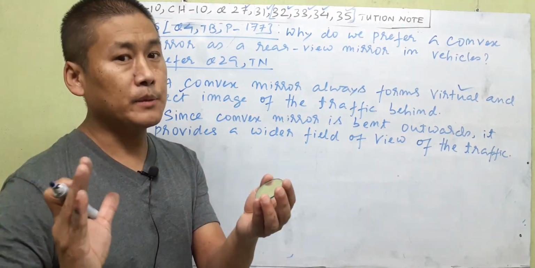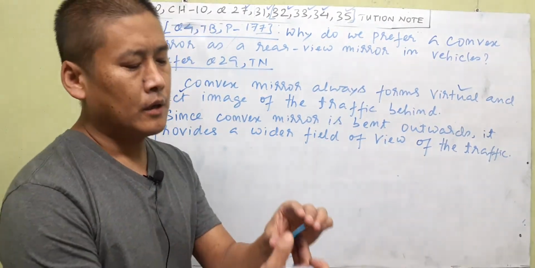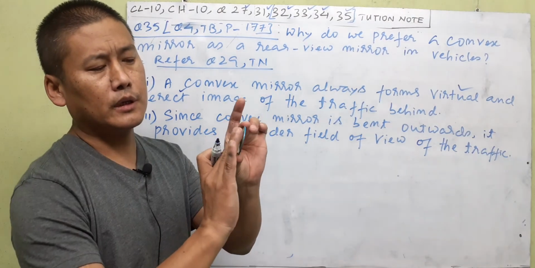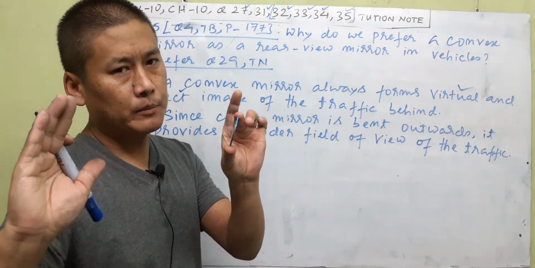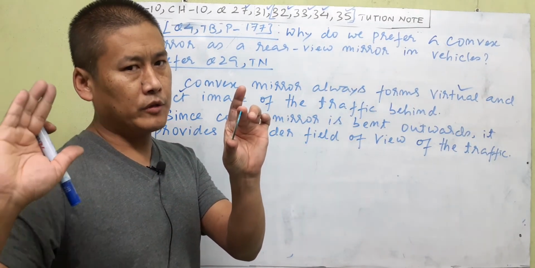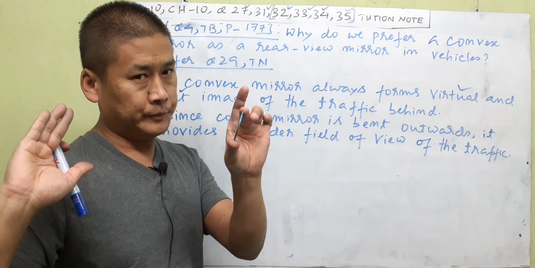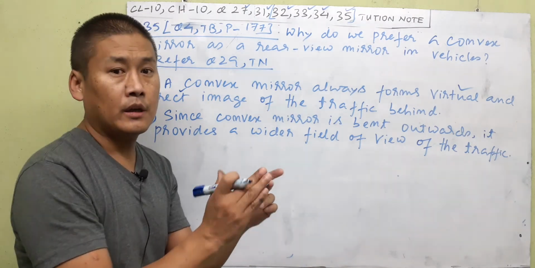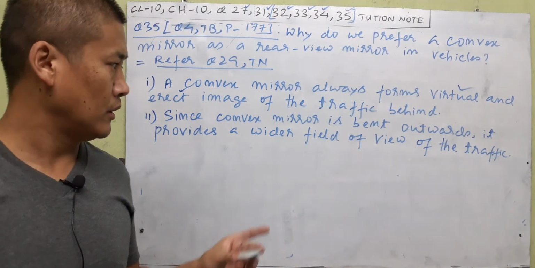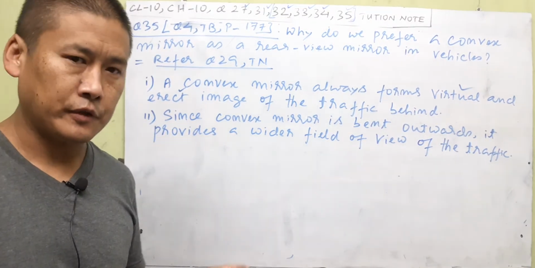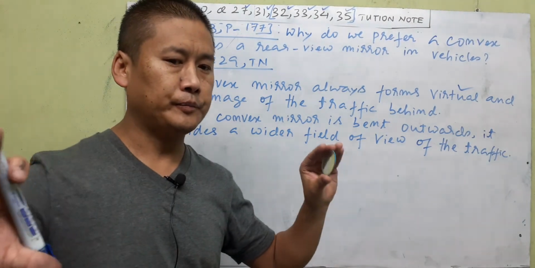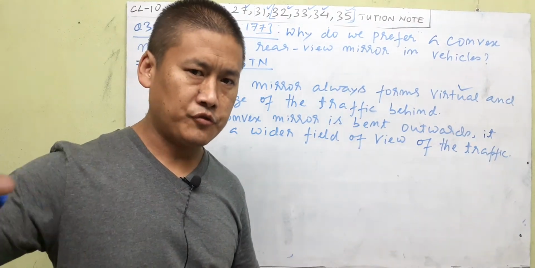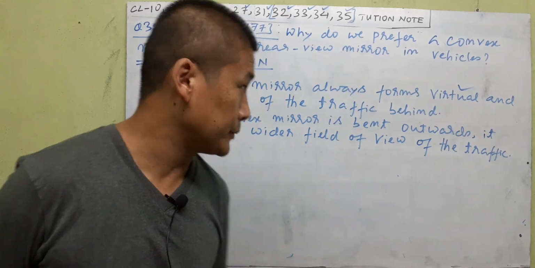So the view is limited. But when you use convex, because it's bent outwards, it can capture the image of the vehicle a little bit on your right, a bit behind you, and the car behind it also. So because of the outward bending, it gives you a wider field of view. That is better, right? If you can see the positions of more vehicles behind you and the tree, etc. So that is the advantage.